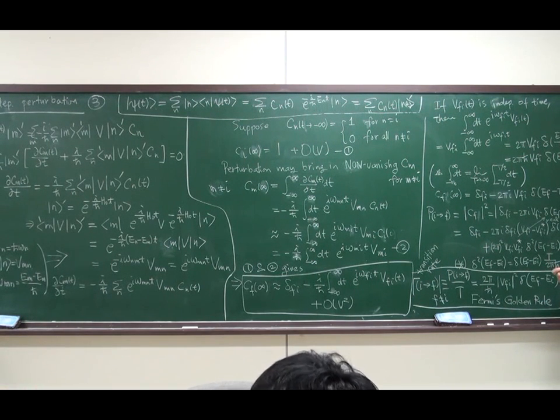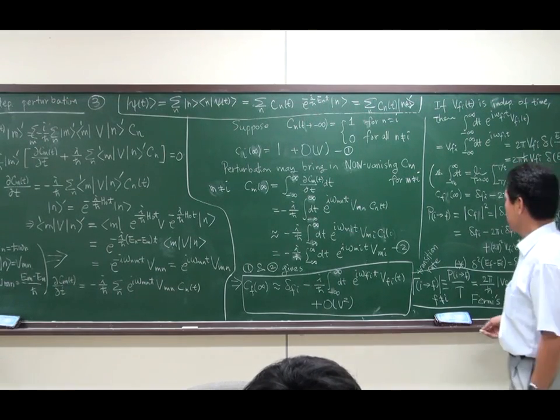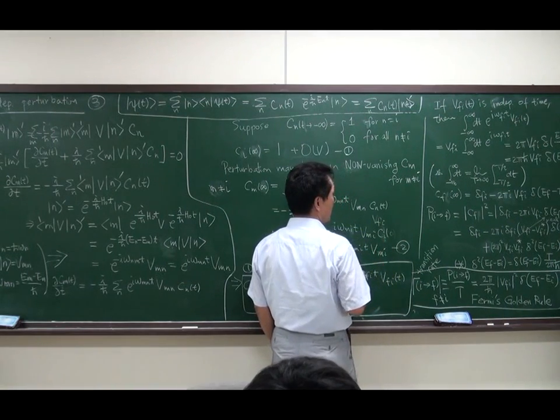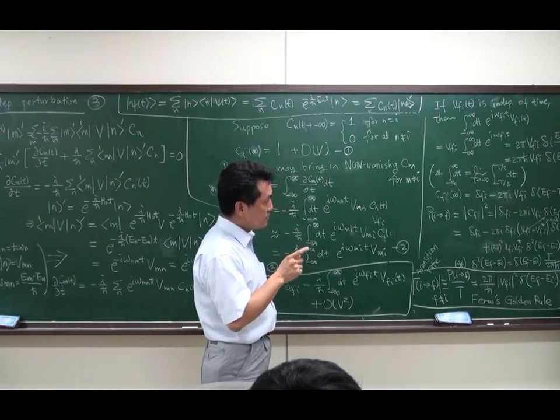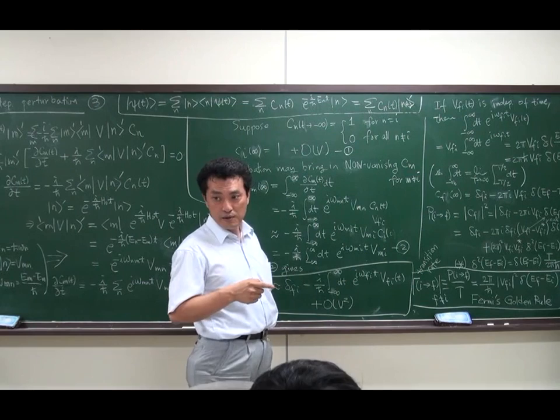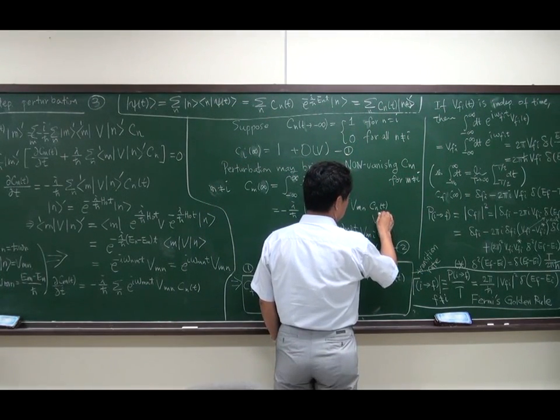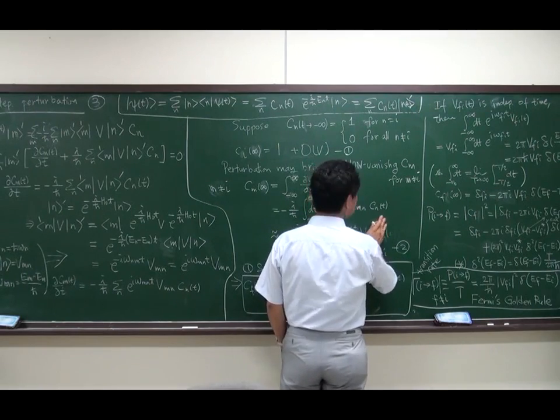Not real, but not Hermitian. Hermitian. Okay. Hermitian, then V_fi, right. If it is not diagonal, it can be. If V dagger, where is it?